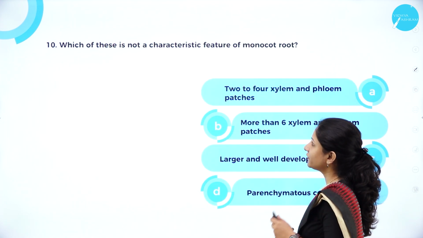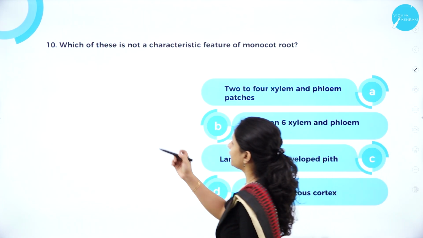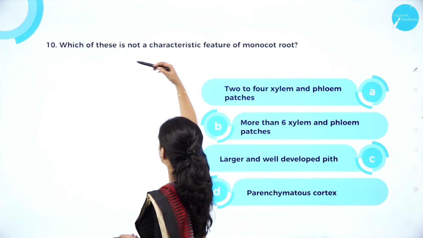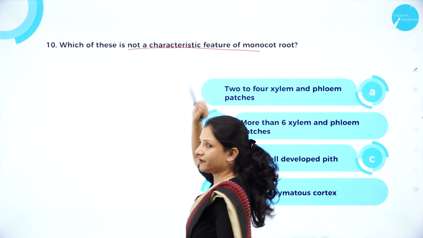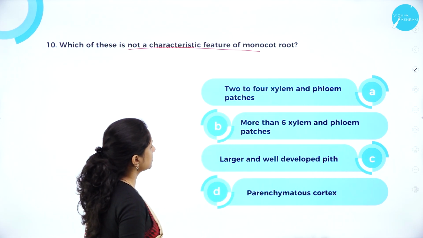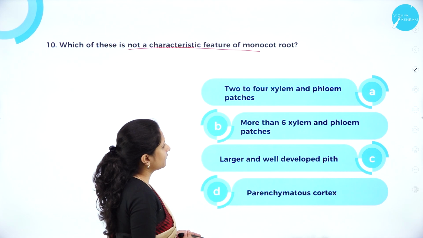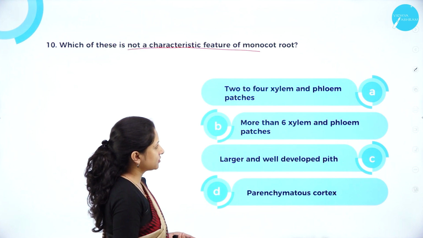Next question. Which of these is not a characteristic feature of monocot root? We have to find out, of the given options here, which is not a characteristic feature of monocot root. 2 to 4 xylem and phloem patches, more than 6 xylem and phloem patches, larger and well-developed pith, parenchymatous cortex.